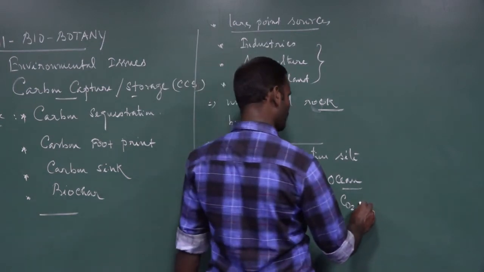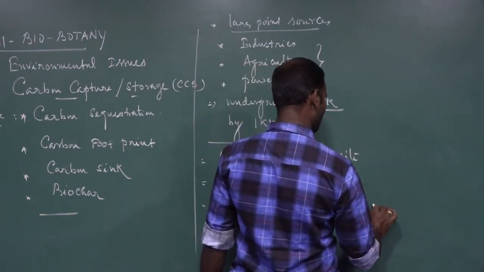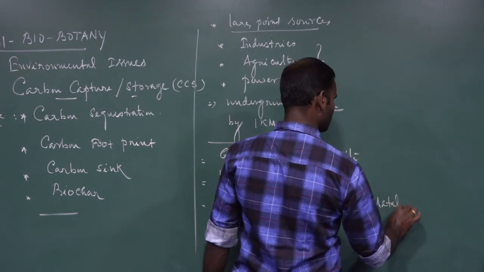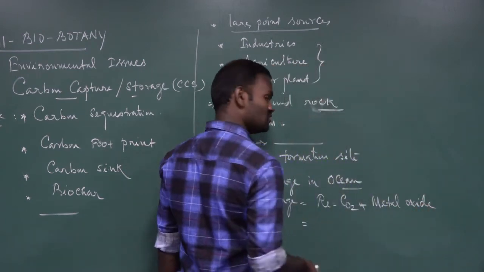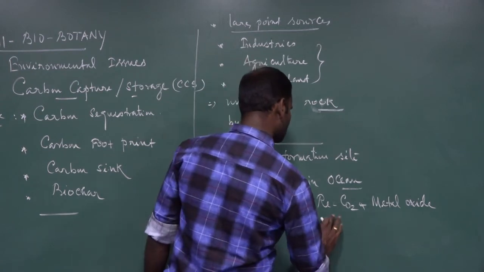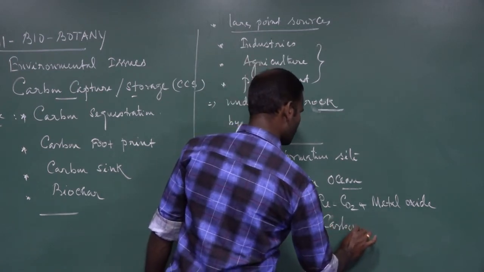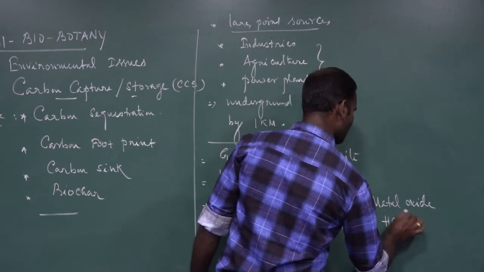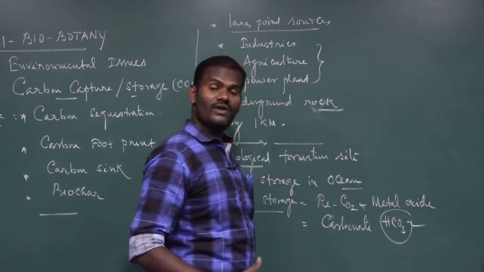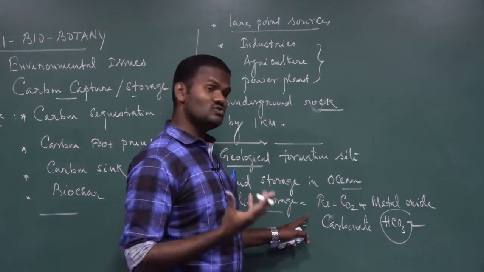So reduction of carbon dioxide with metal oxides to produce a solid-state carbonate, HCO3 minus. So it is one way of storing carbon dioxide in the solid state.